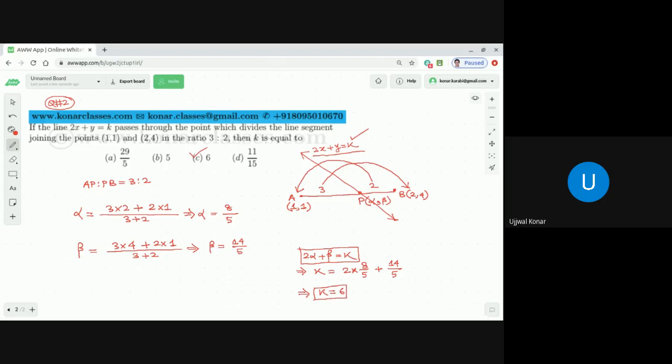So we replace x by alpha and y by beta and get the equation 2 alpha plus beta is equal to k. As we already found the values of alpha and beta, we place these values and get k is equal to 6. And it is done with this question.